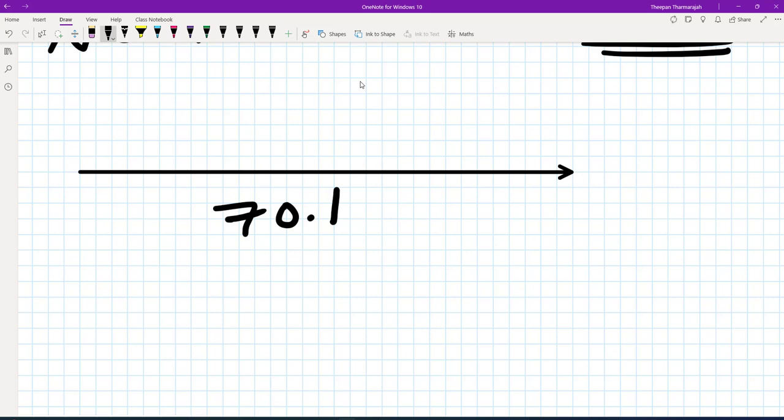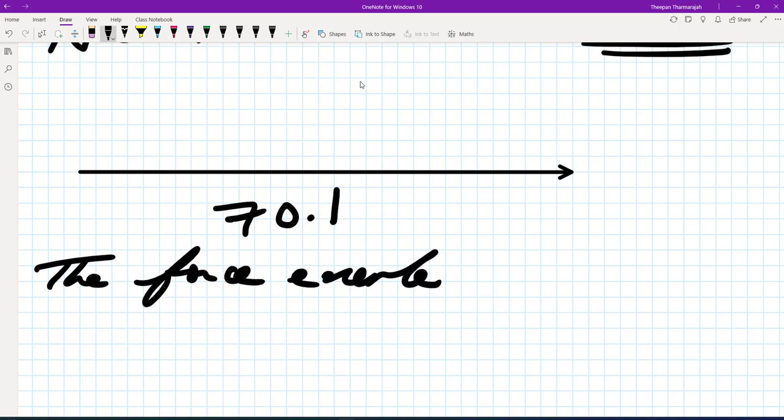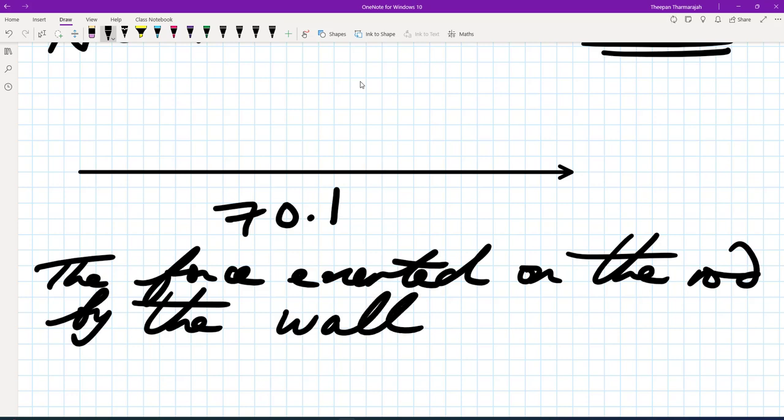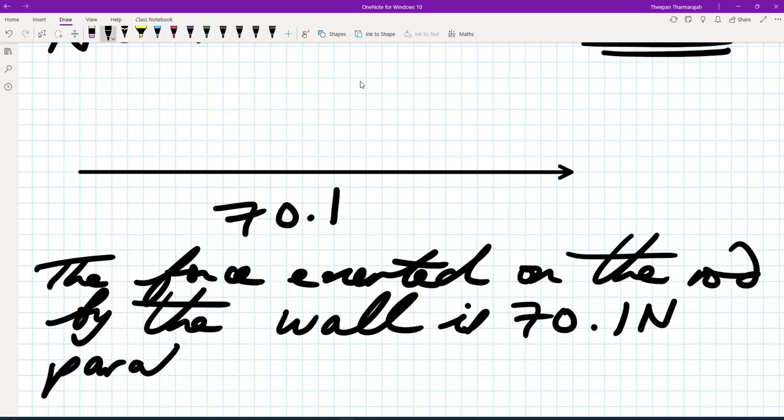The force exerted on the rod by the wall is 70.1 newtons parallel to and towards the rod.